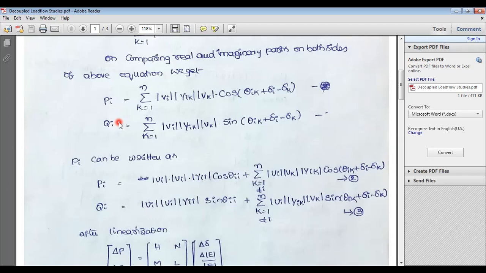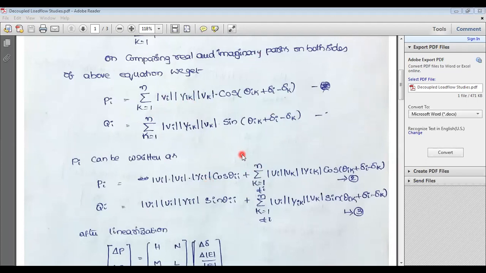Whenever you are varying the variable k from 1 to n, obviously at some instant of time k is also equal to i. Now you need to separate that k equal to ith term. What you will get if you separate that term, now substitute k equal to i here? You get Yii, Vi, Vk meaning Vi again, and already Yik means Yii and cos thetaii.